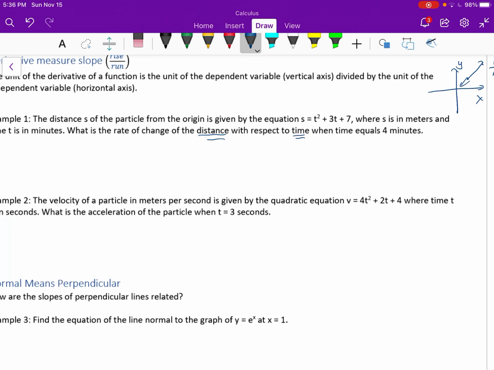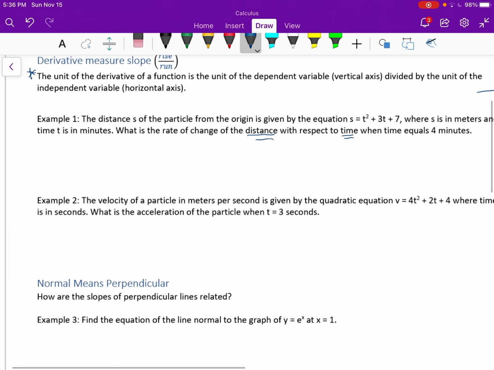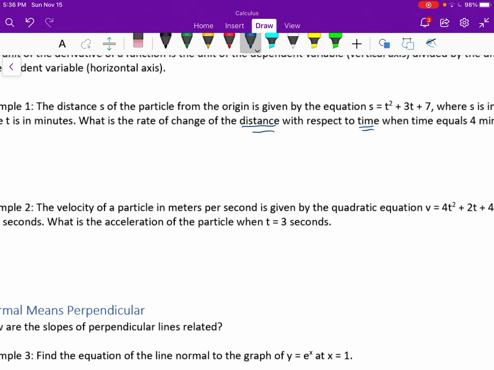That's a change in distance over a change in time. Well, our function here, s, represents the distance, and t is the time in minutes. So we have that s equals t squared plus 3t plus 7. And so if we want to find the change in distance over change in time, we just find the derivative.